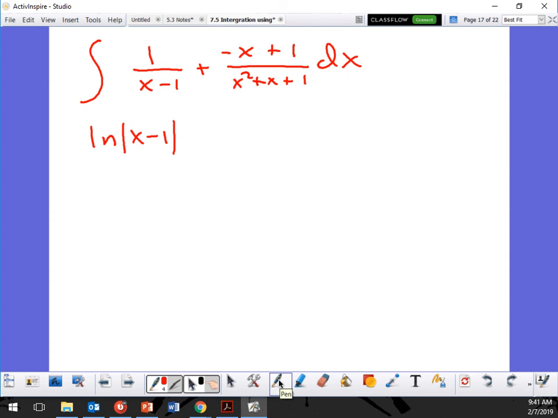They said that u is equal to x plus 1/2.